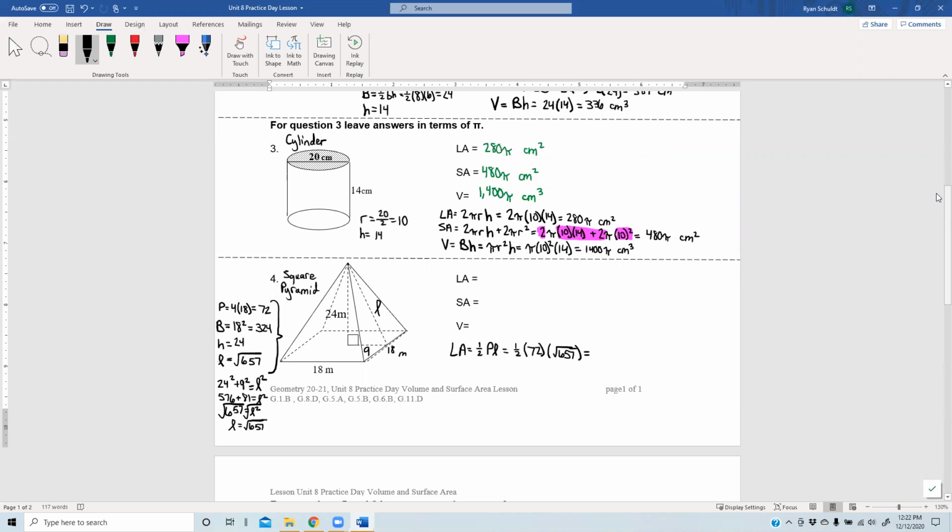So it's going to be 2 decimal places. So this will be 922.75 meters squared. 922.75 meters squared.